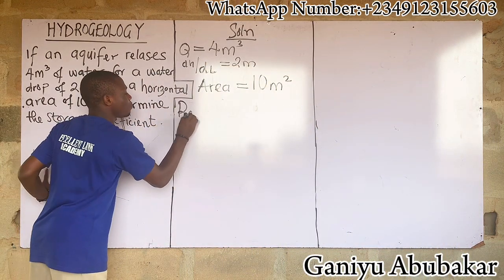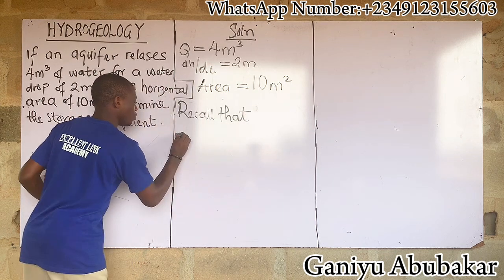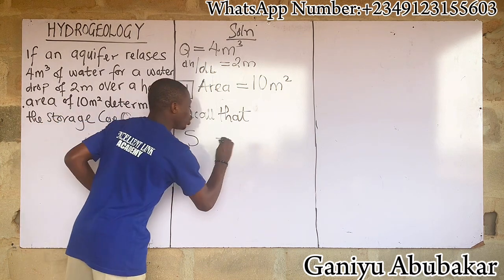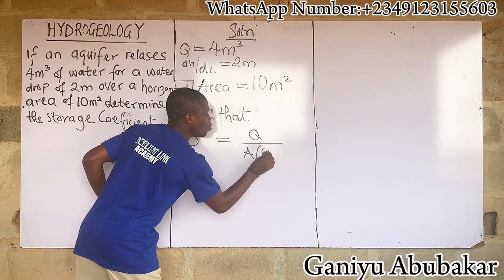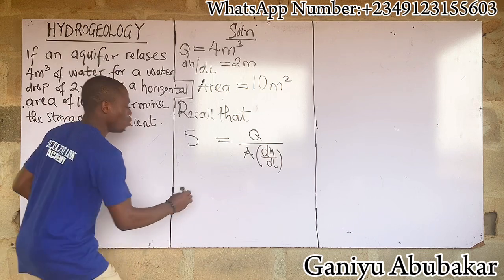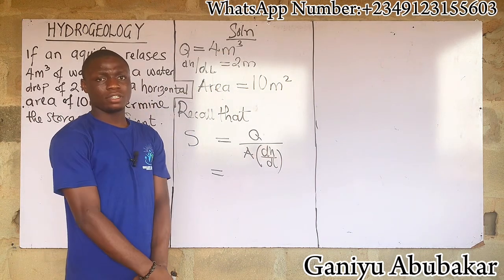Recall that the storage coefficient, abbreviated as S, is equal to Q all over A into h over l. Please just memorize this. What's your Q? Are we converting?